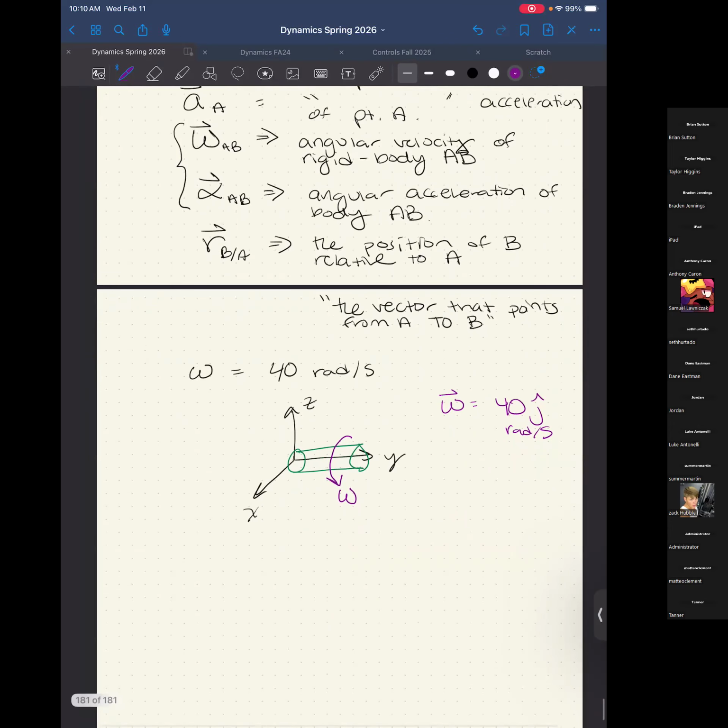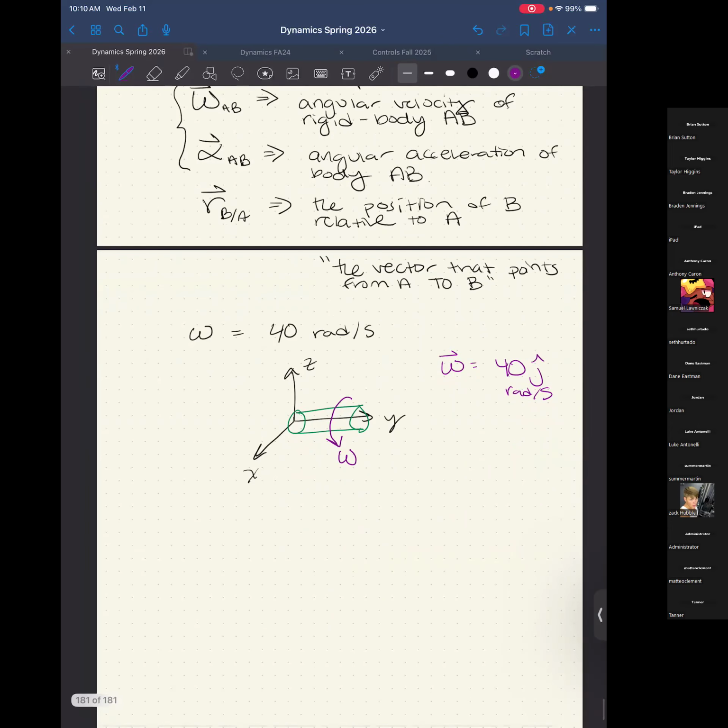Now, this one was particularly easy because the axis of rotation aligned perfectly with a cardinal direction, right? But we saw at least one problem where that was not the case, right? What did we have to do in that case where maybe you have x, y, z, or out in space somewhere, maybe you're told the point x1, y1, z1, and this is at the origin.